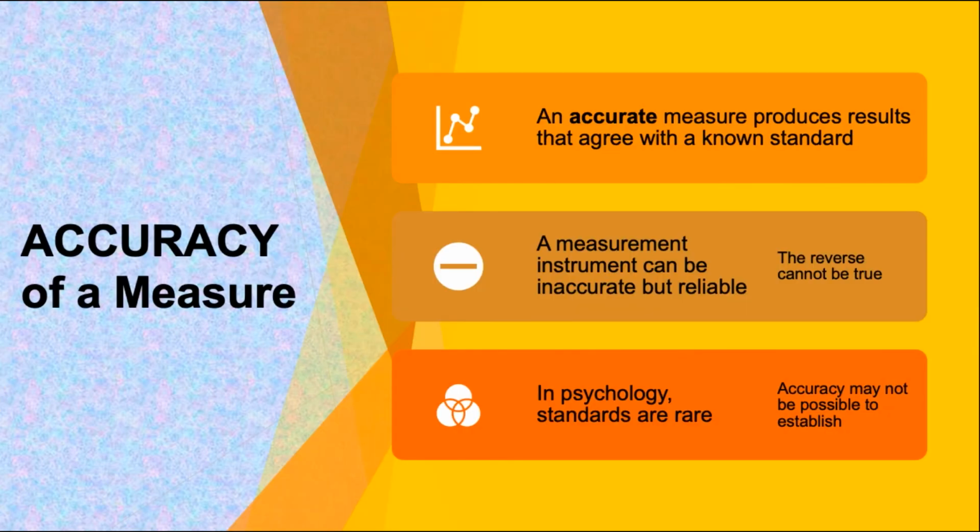Then, what is the accuracy of a measure, which is also a very important term. Accuracy describes a measure that produces results that agree with a known standard. For example, a bathroom scale is accurate if it indicates 50 pounds when a standard 50 pound weight is placed on it, 100 pounds when a standard 100 pound weight is placed on it, and so on.